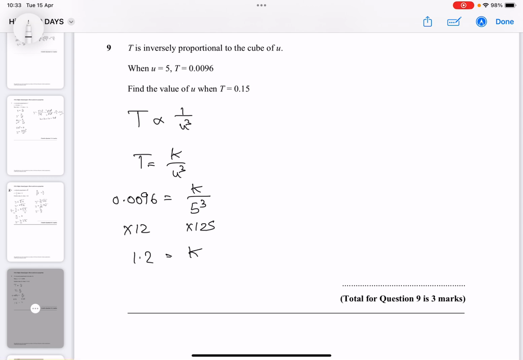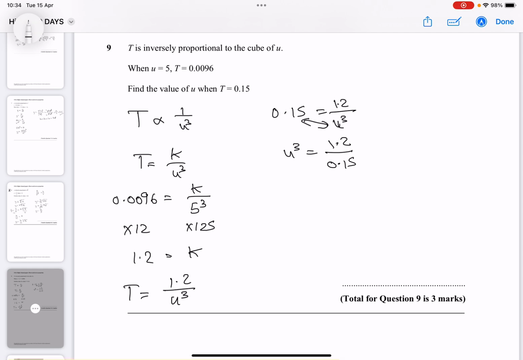Okay, so t equals 1.2 over u cubed. Find the value of u when t equals 0.15. So 0.15 equals 1.2 divided by u cubed. I do that little cross multiply thing, so I get u cubed equals 1.2 divided by 0.15.